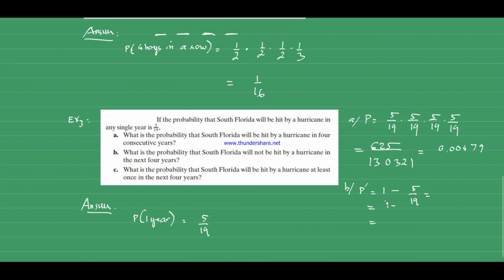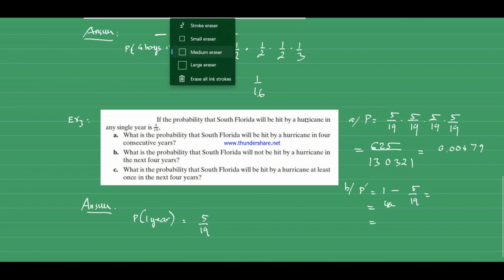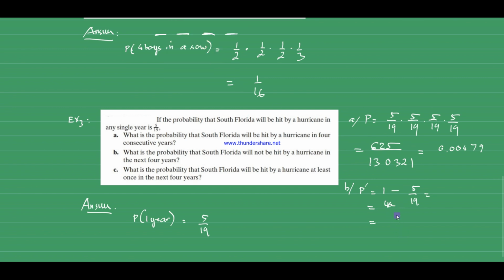So over here, you're going to end up with 14 over 19.